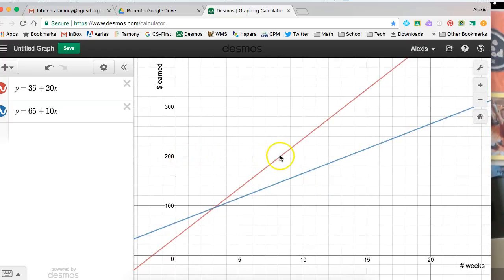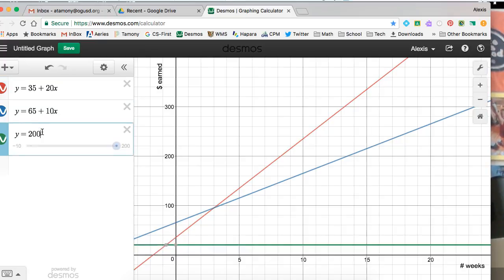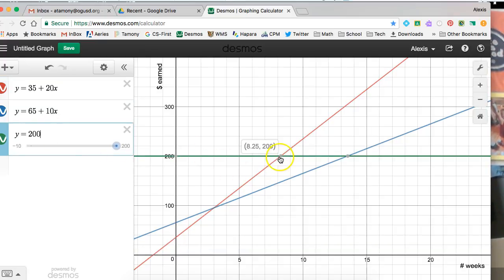I can't tell exactly, so I want to know when y is 200. I'm going to type in y equals 200, and it gives me the actual points. So I've got 8.25 weeks for Mo, and 13.5 weeks for Larry. Boom. Desmos is awesome.